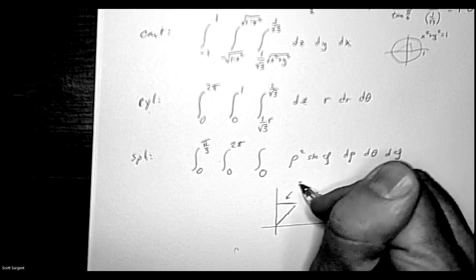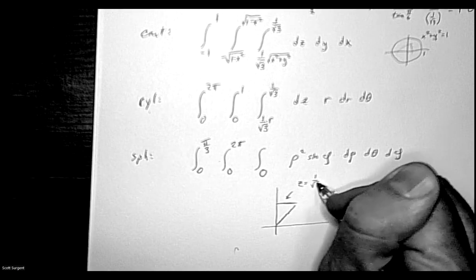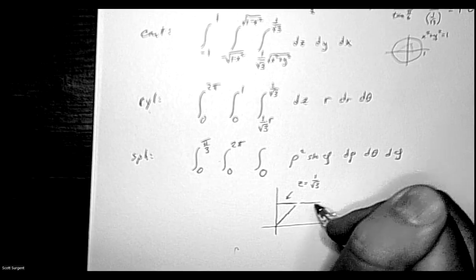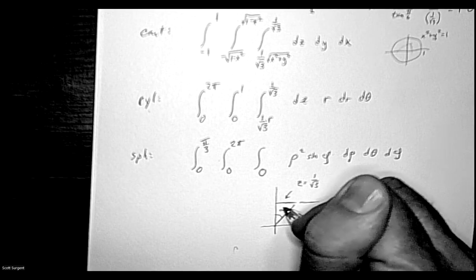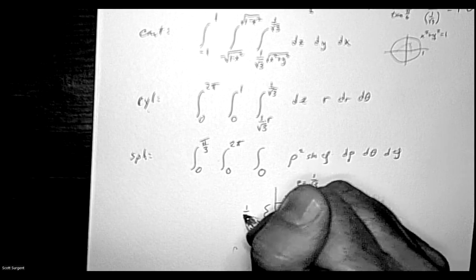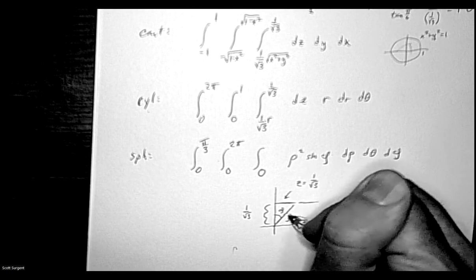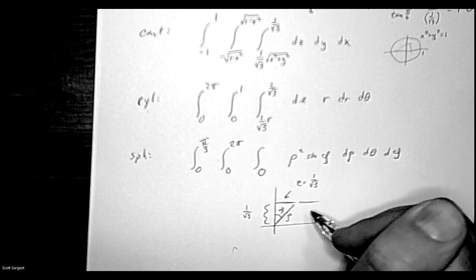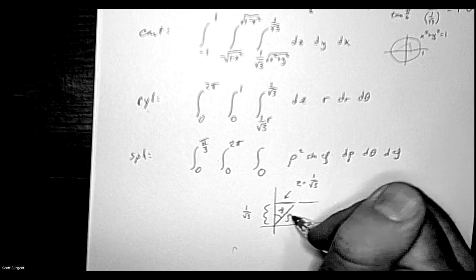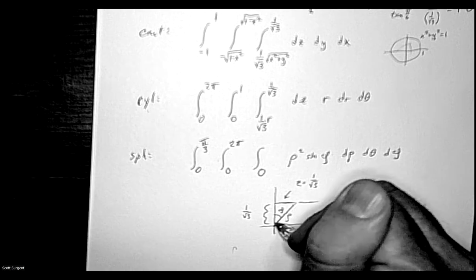This is z equals 1 over rad 3. So this unit here is 1 over rad 3. This is rho. Phi is this internal angle. Rho is this length here.